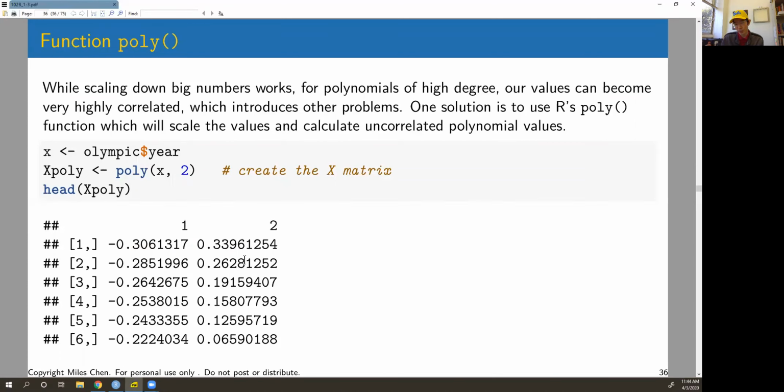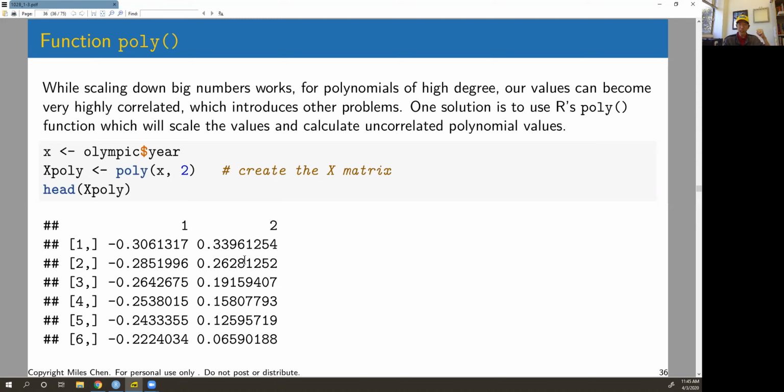But all it's doing is taking these values and either shifting them down, adding a constant, or multiplying by a constant, okay? And we know that adding a constant or multiplying by a constant to our x terms will not affect the correlation, right? Changing from inches to centimeters doesn't affect the correlation.